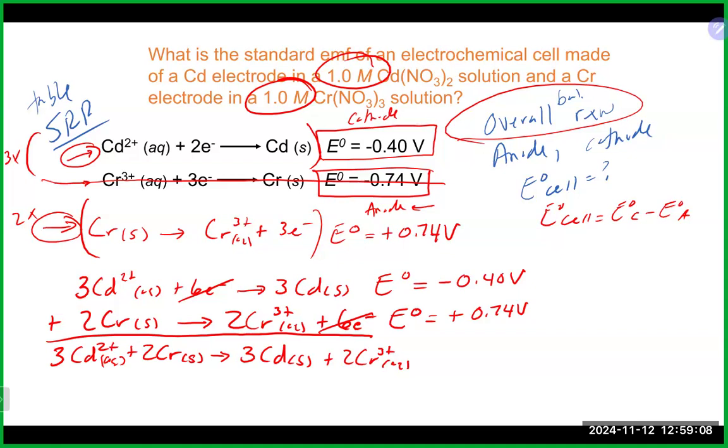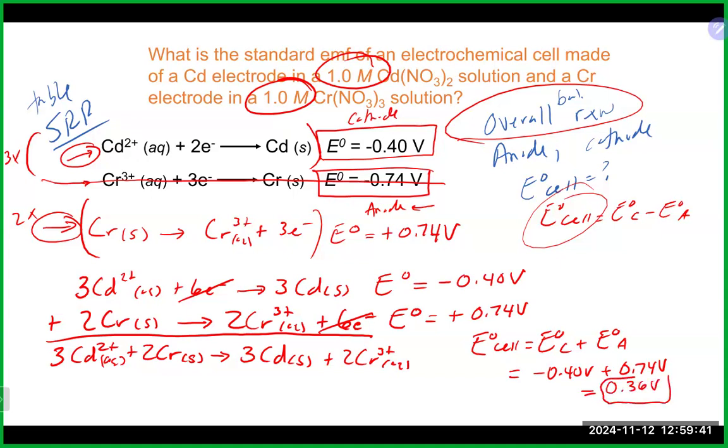All right. Now it comes to really what the original question was asking, which is, what's the cell voltage? Now, if I want E of the cell here, because in this case I actually did change the sign, I would want to add, which would be minus 0.4 volts plus 0.74 volts, giving us 0.36 volts in this case.